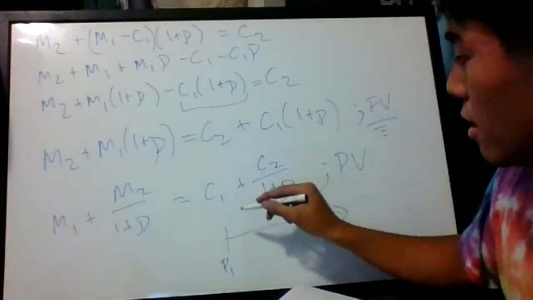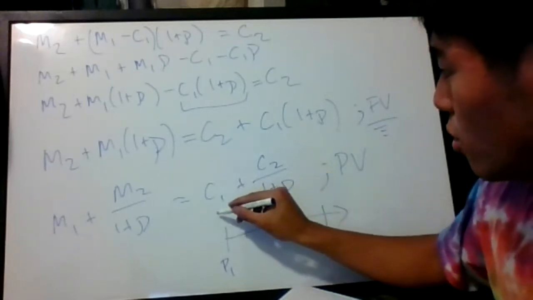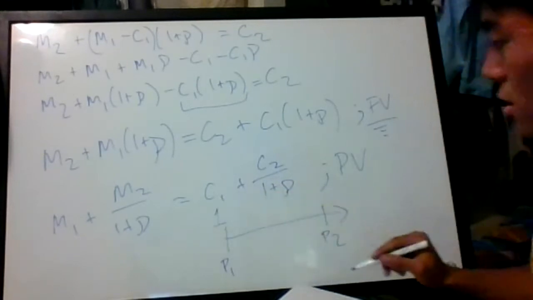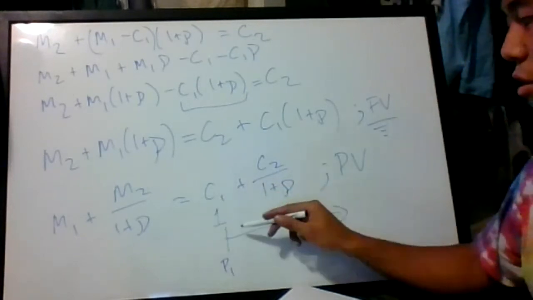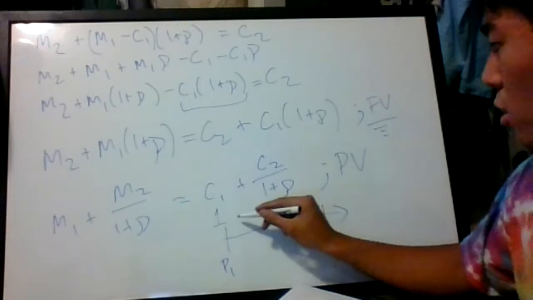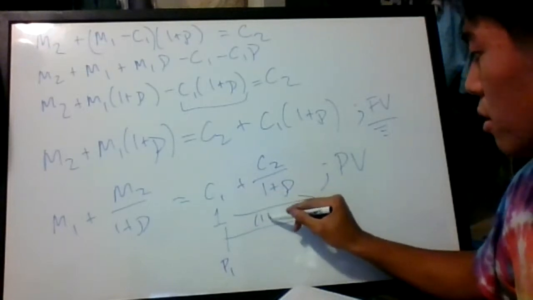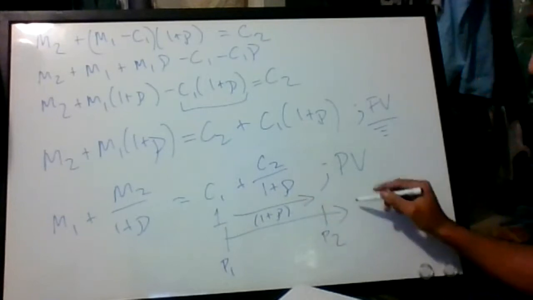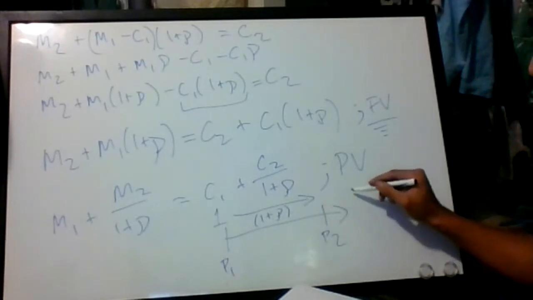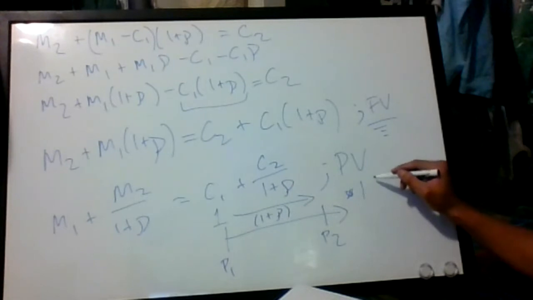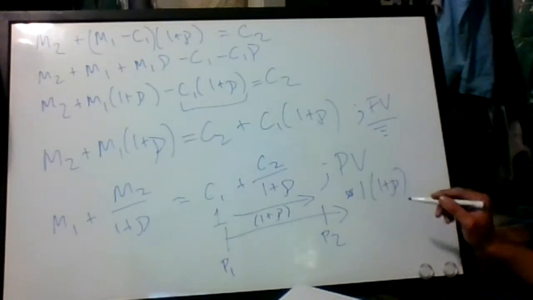And let's say that in period 1, we have $1. If we want to see what that dollar is worth in period 2, we push it forward and multiply it by 1 plus rho, so that in period 2, that dollar is now worth 1 times (1 plus rho), right?